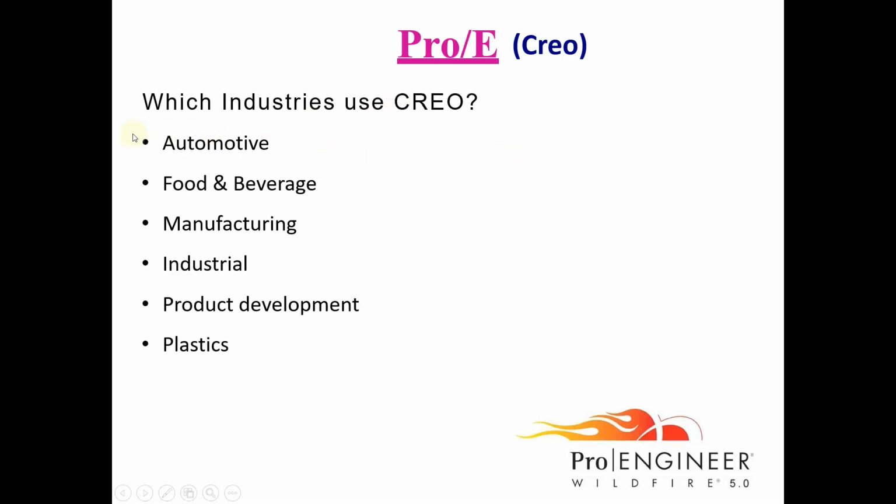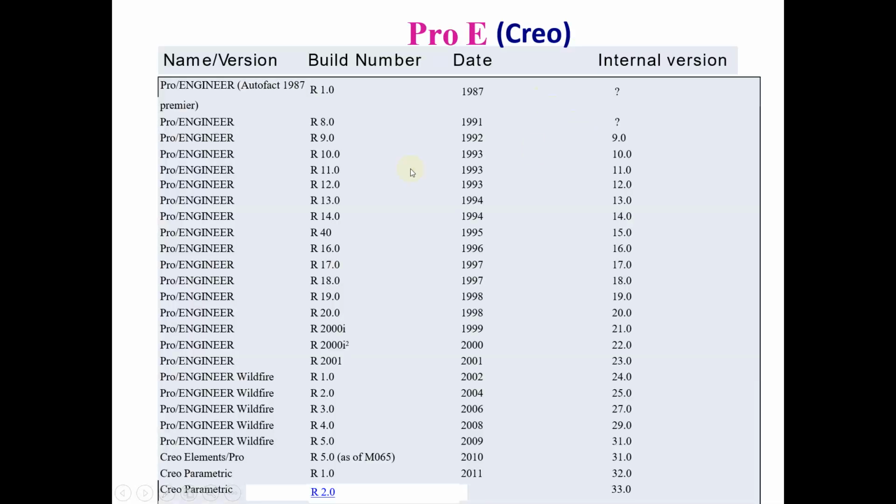Industries again similar to previous example: automotive, food and beverage industries, industrial manufacturing or plastics. All those industries can use Creo software. You have a number of releases. You can see R means release, and these are the versions.